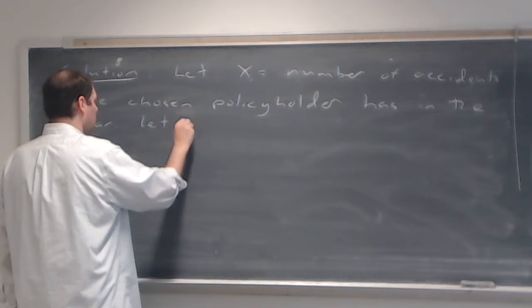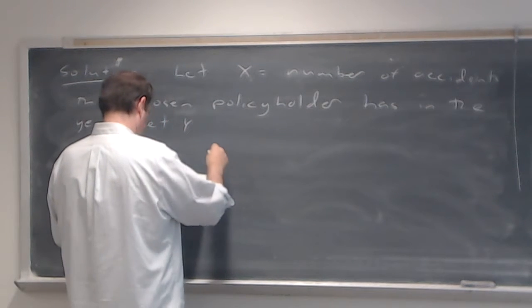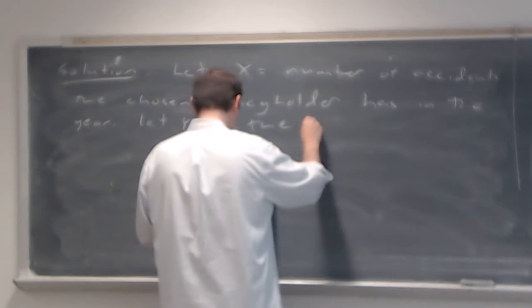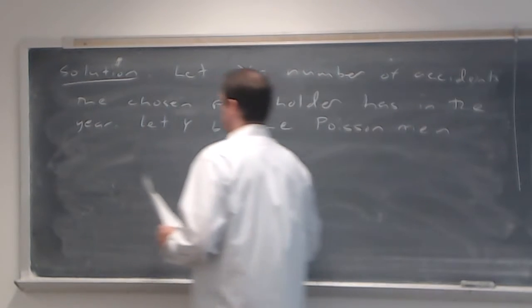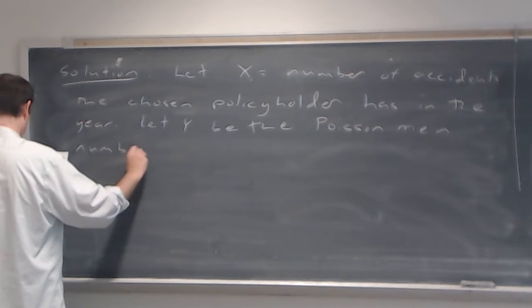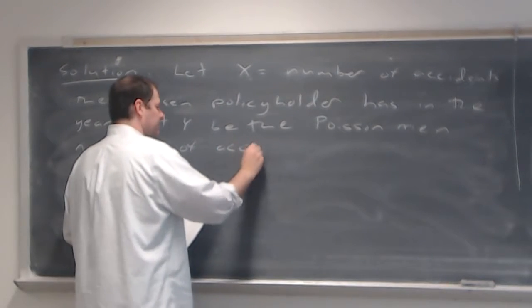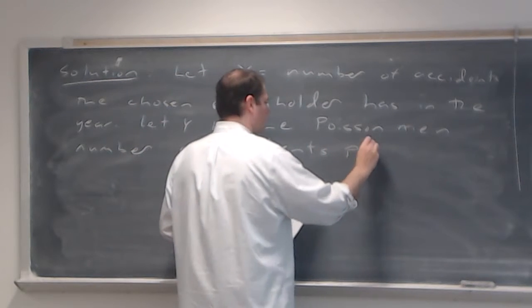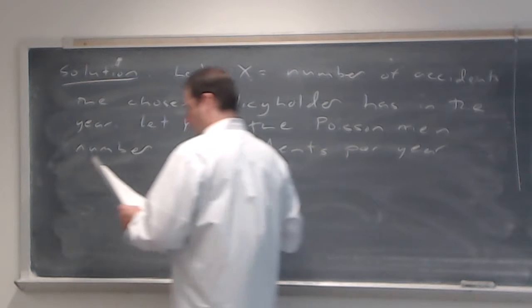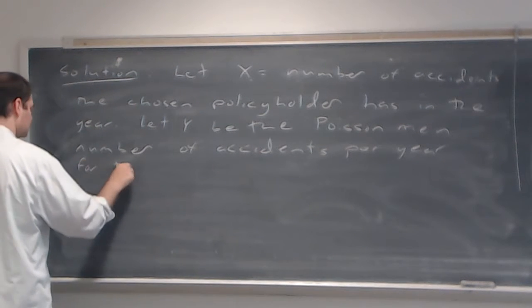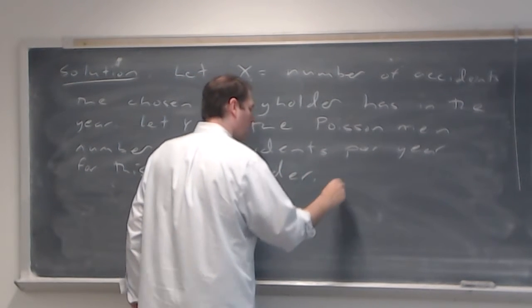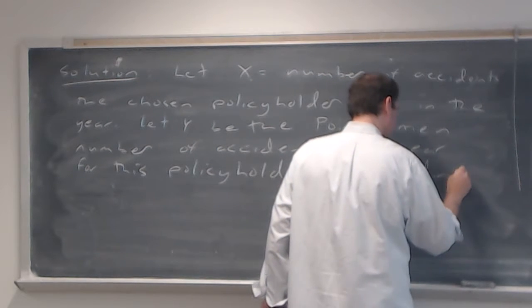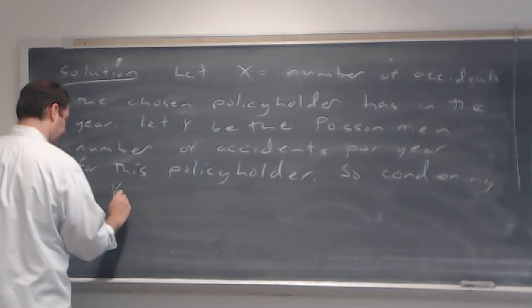We're going to say, let y be the Poisson mean number of accidents per year for this policyholder. So conditioning on y, we have.